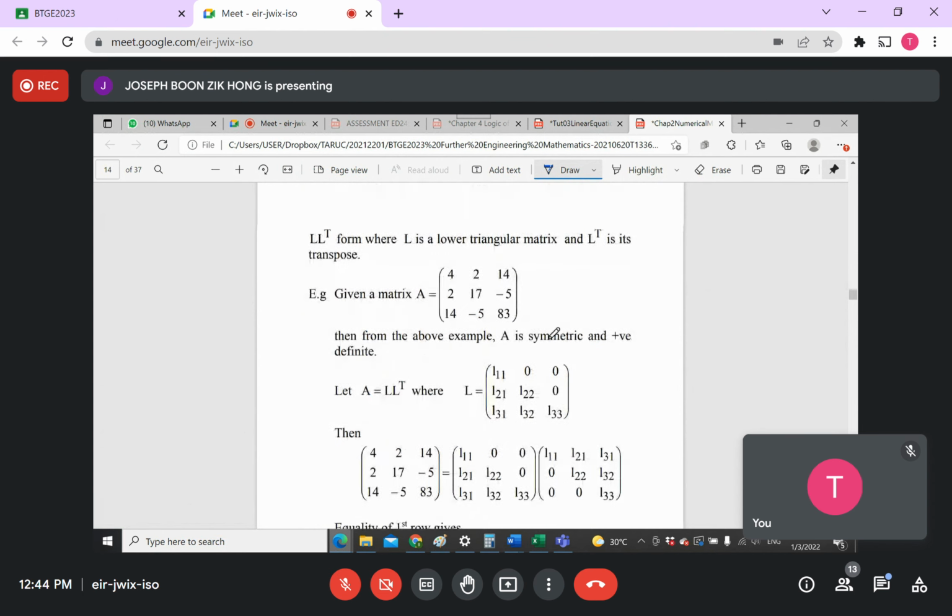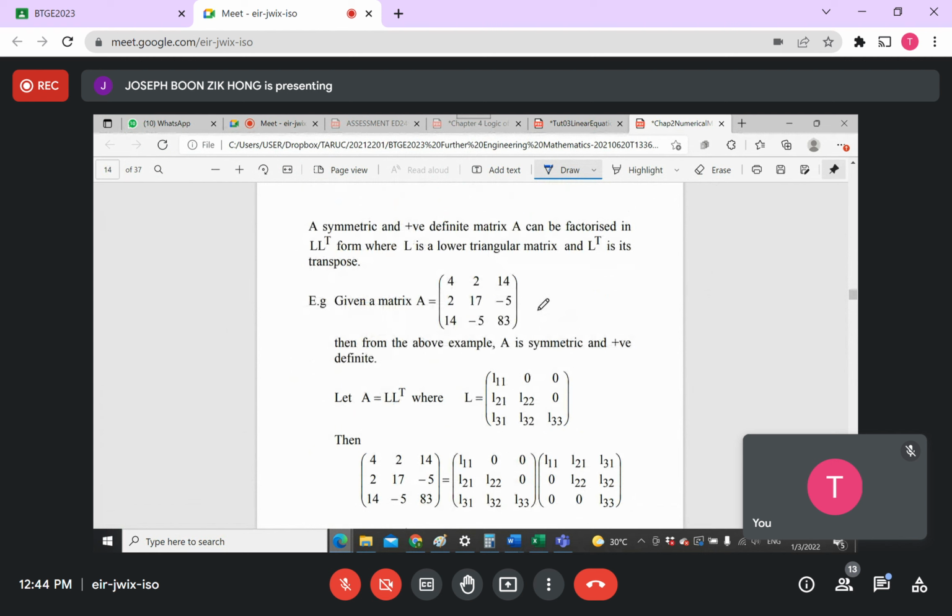If it is symmetric and also positive definite, then we can use LLT. What is symmetric? You cut along the diagonal, and this entry and this entry are the same, this one and this one are the same. It must be positive definite and must be symmetric.